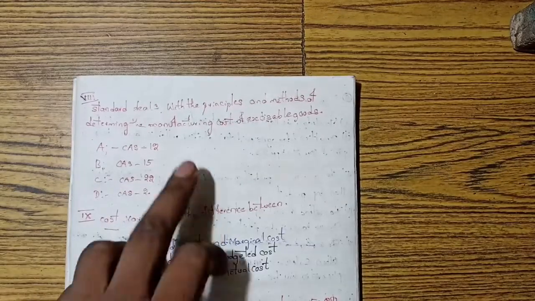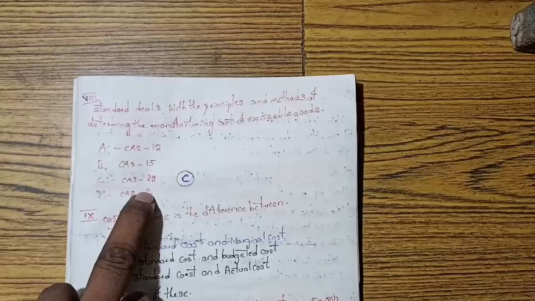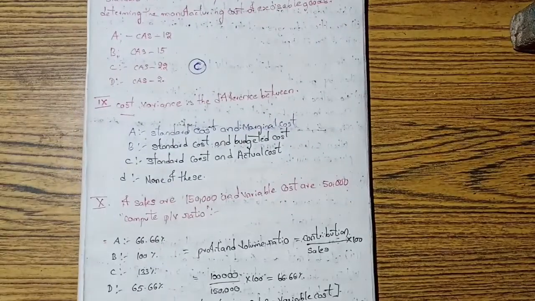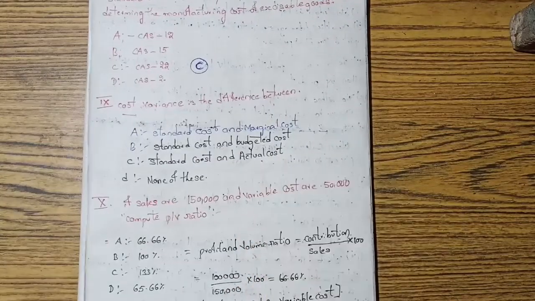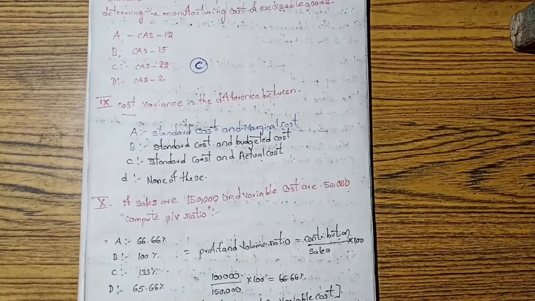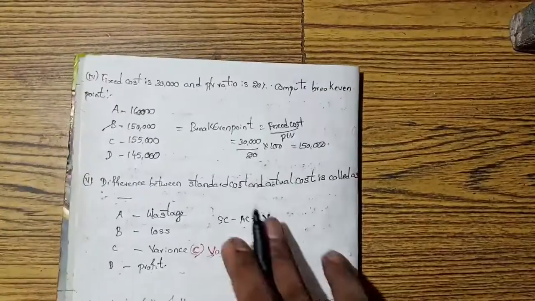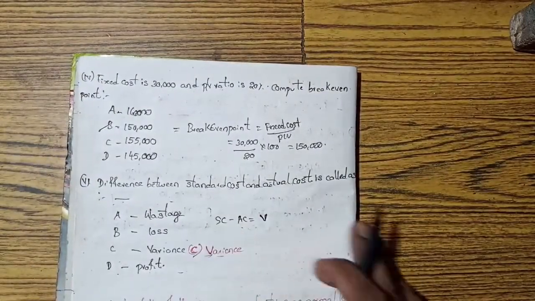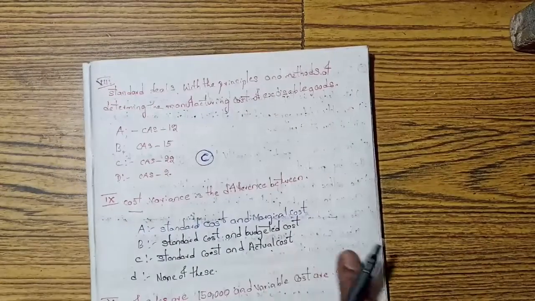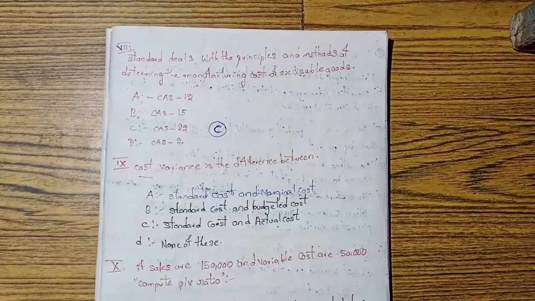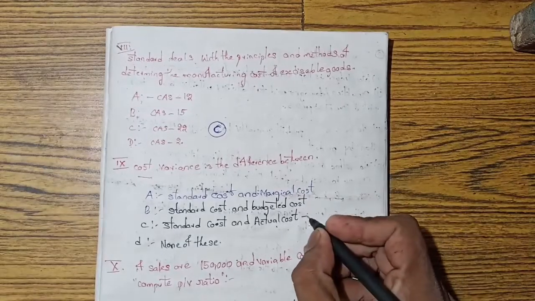Cost variance is the difference between standard cost and actual cost, which we already discussed. So we calculate standard cost minus actual cost. So option C.